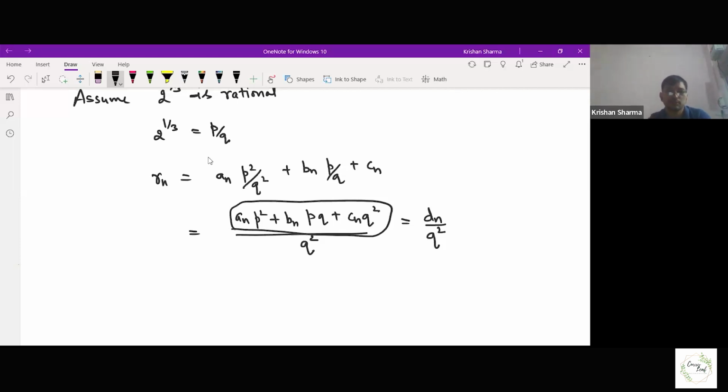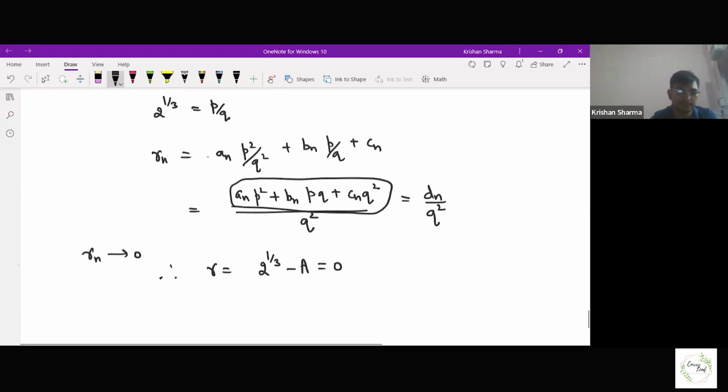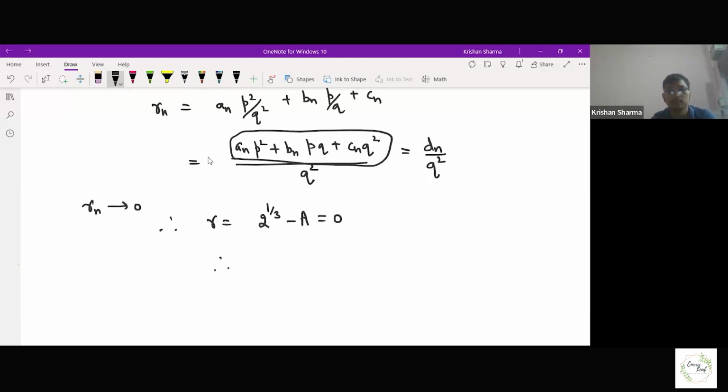And again, because Rn is going to 0, therefore our R, which is 2 raised to power 1 by 3 minus A, will be 0 using the same technique. Hence, 2 raised to power 1 by 3 is equal to A.